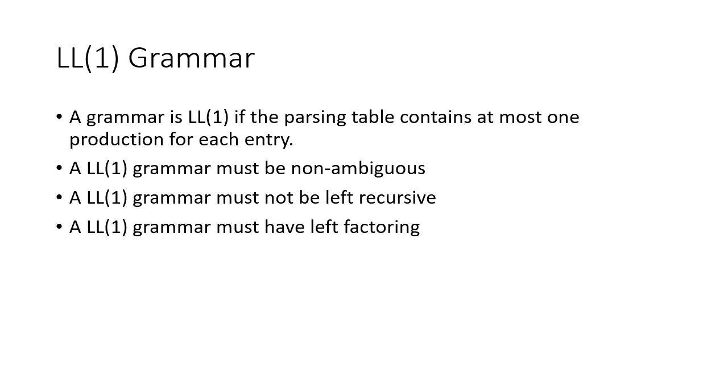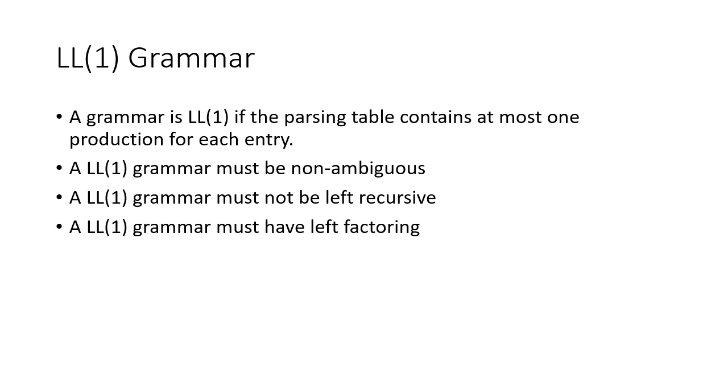So for an LL1 grammar, you should first check if it is non-ambiguous, you must check that there is no left recursion, and then you must check that left factoring has been done. Only after that can you try constructing the parsing table.